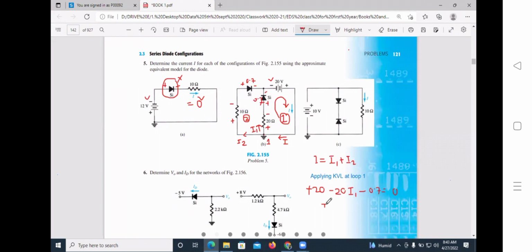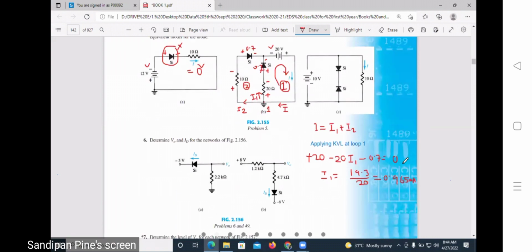So I1 equals 19.3 by 20, which means 1.93 by 2 equals 0.965 milliamps. So I1 equals 0.965 milliamps.